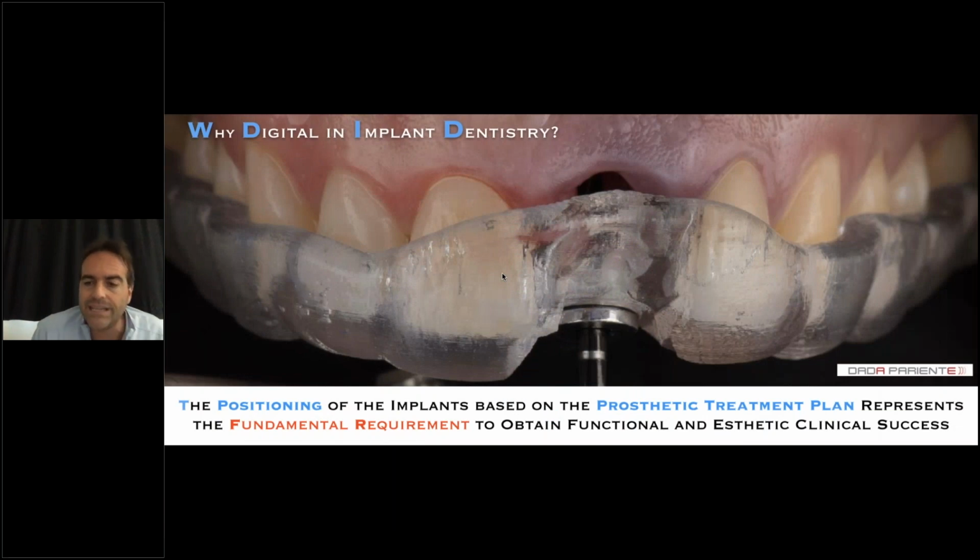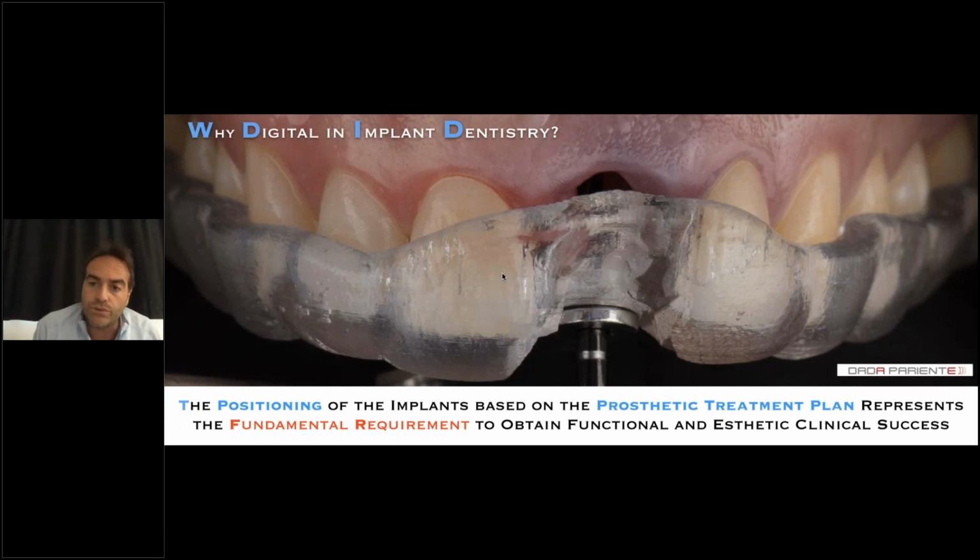But it's very easy for us to understand why digital in implant dentistry. We have to understand, and it is also well explained in the literature, that the positioning of the implants based on the prosthetic treatment plan is the fundamental requirement to obtain functional and aesthetic clinical success.